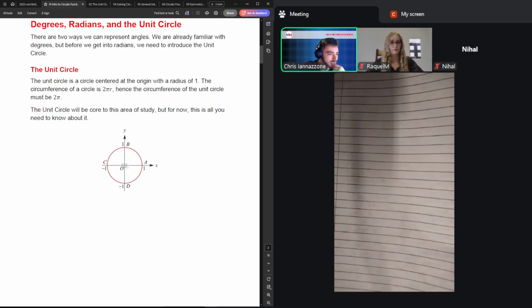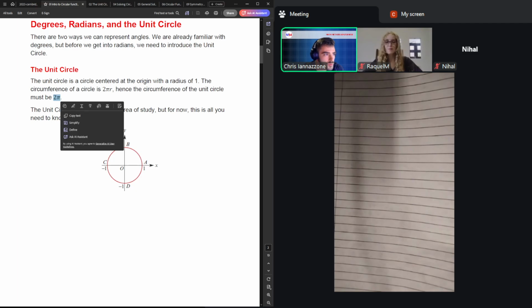So at the center of that is the origin, and any straight line drawn from that origin to the circumference of the unit circle is going to have a length of 1. It has a radius of 1. Now, because we know the circumference of any circle is given by 2 pi r, because the radius is 1, the circumference of the unit circle must therefore be 2 pi.